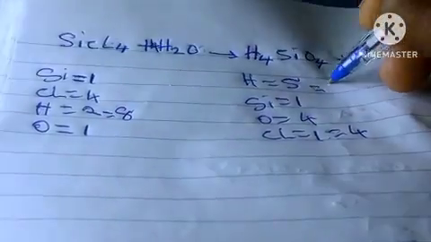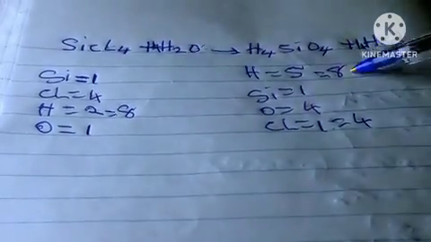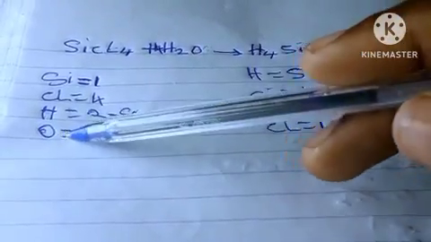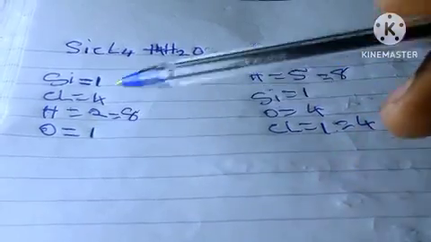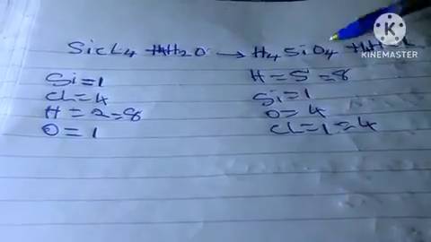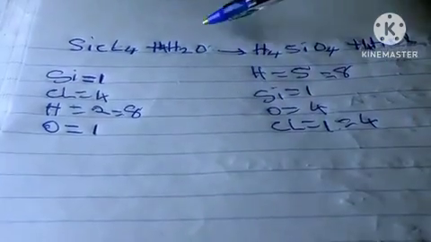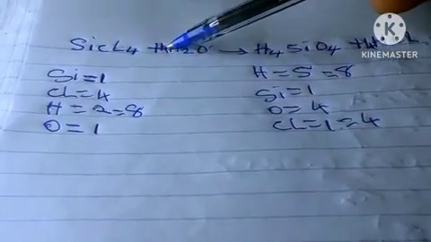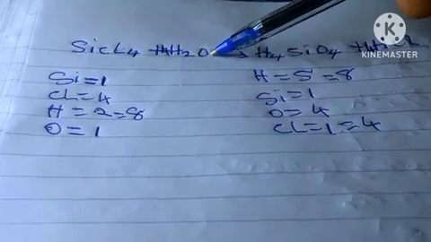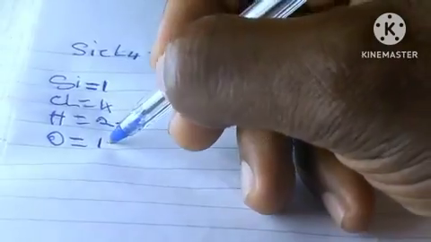So hydrogen has 8 atoms in both the right side and the left side. So let's check oxygen, the last one. Oxygen has 1 atom at the left side and 4 atoms at the right side, meaning oxygen is not yet balanced. I said this 4 is affecting both the hydrogen and the oxygen, right? So oxygen too has 4 atoms here. So 4 multiplied by this one is 4.